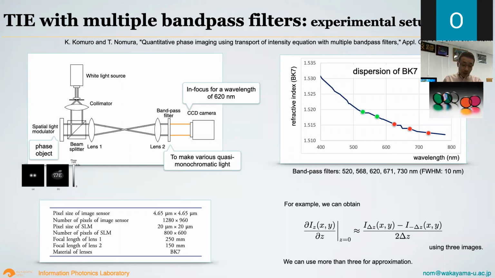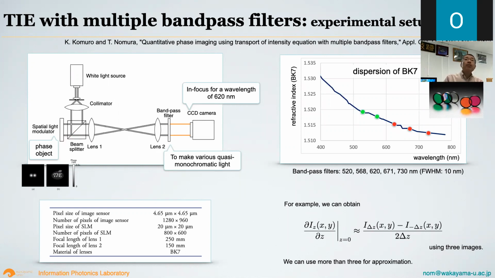Another specification of the experimental setup, it's a very common setup, not so special devices. Pixel size of the image sensor is 4.5 micrometers. The number of pixels of the image sensor is 1280 by 960. The pixel size of the SLM is 20 micrometers.